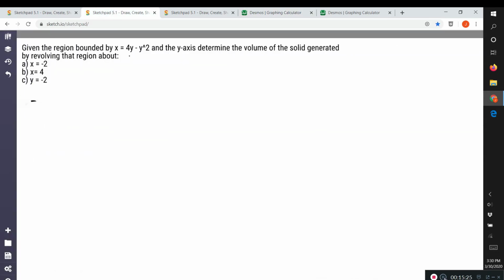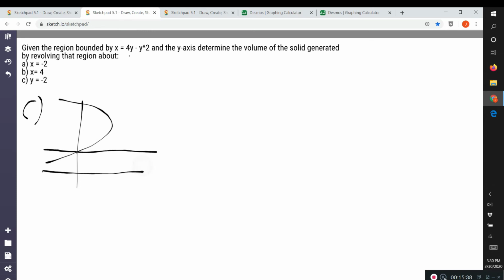So for part C, sketch what we're looking at here. We're rotating around the line y equals -2. Now, y equals -2 is similar to our x-axis.